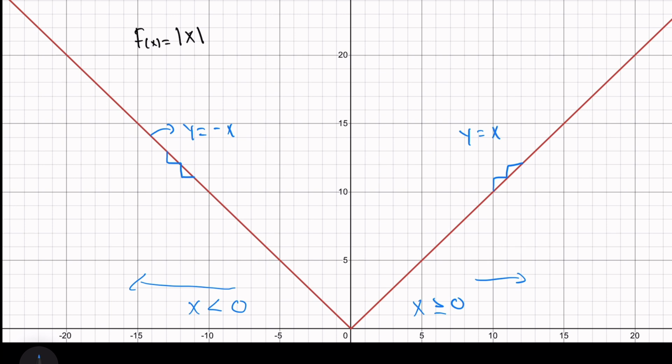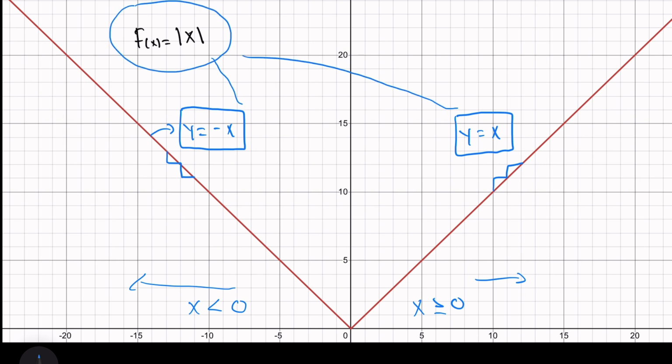And so the original absolute value function really exists as a combination between these two functions. y is equal to negative x meets y equals x, and together they make this giant function over here. You could think about each of these as a piece, where this is the first piece and this is the second piece.